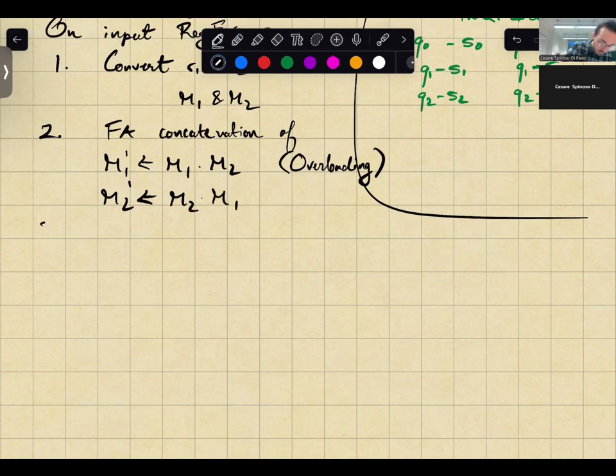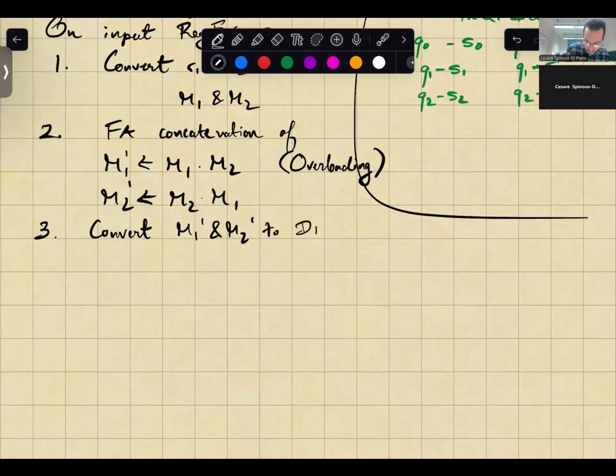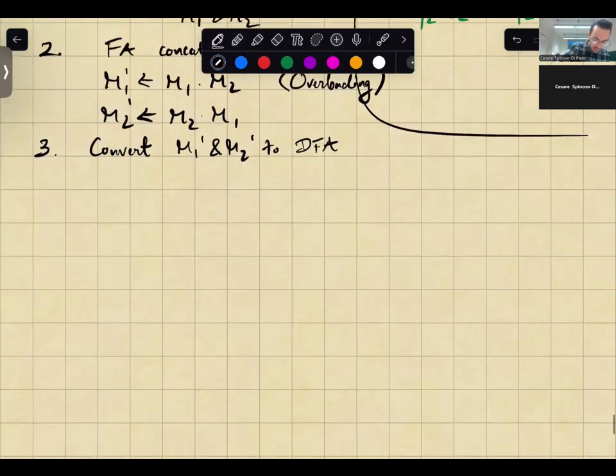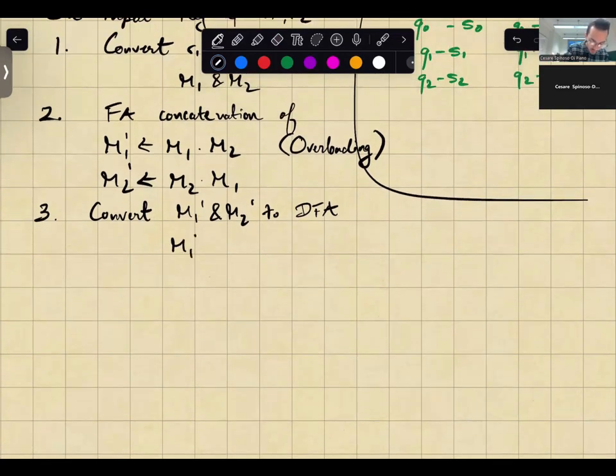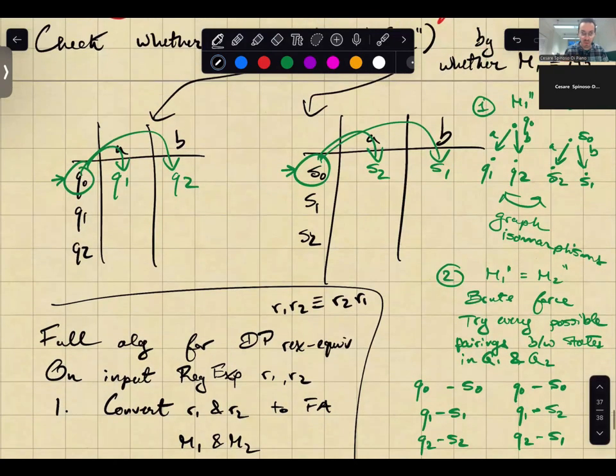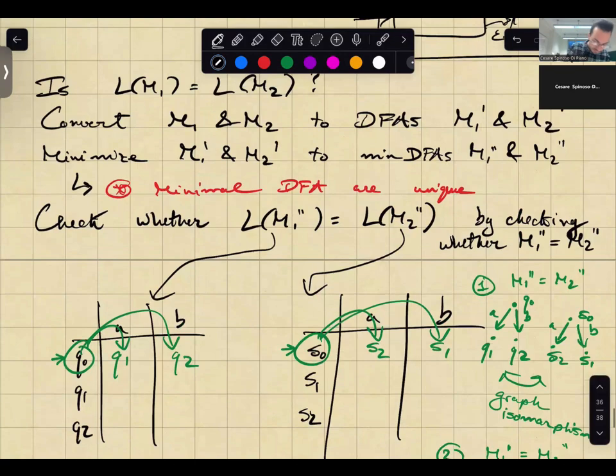So then I'm going to convert M1 prime and M2 prime to DFA. So then I get M1 double prime and M2 double prime. These are different from the M1 and M2 double prime here.